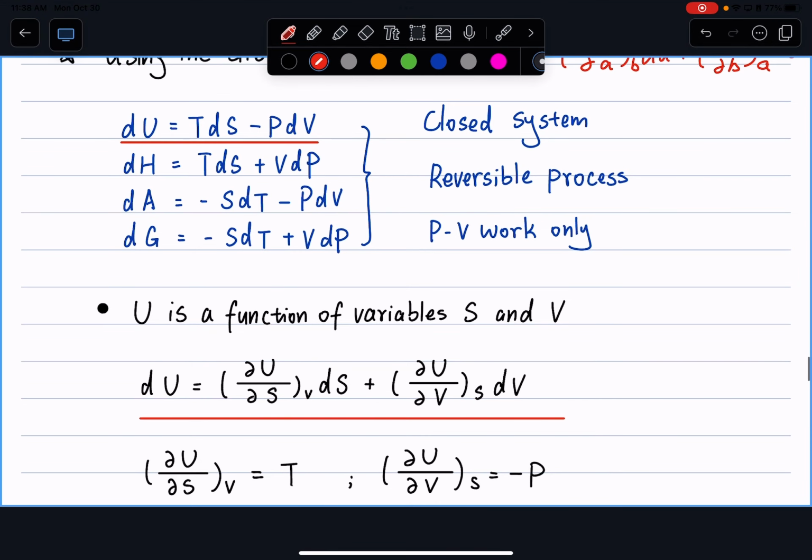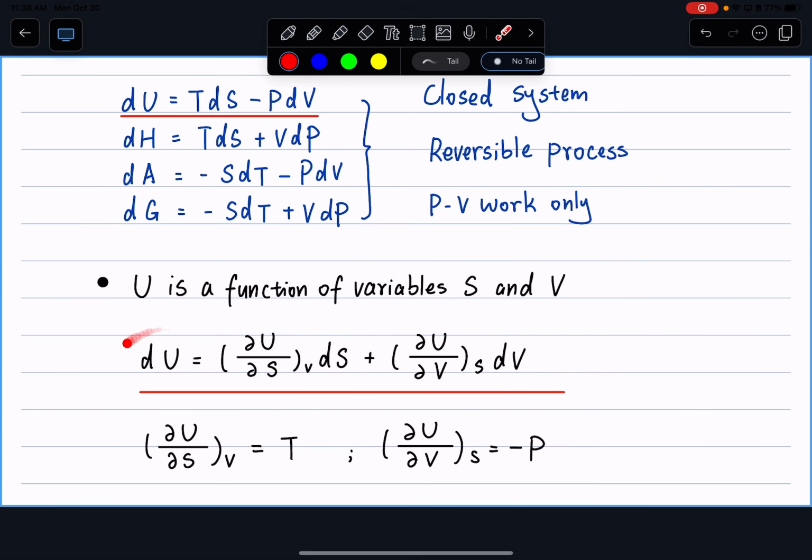So here we write out the total differential for your internal energy U: the partial derivative of U over S at constant volume, dS, plus the partial derivative of U over V at constant entropy, dV. That's just writing out the total derivative.